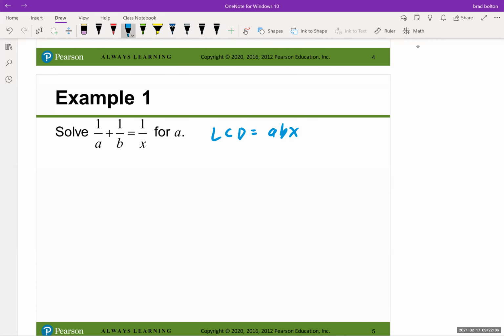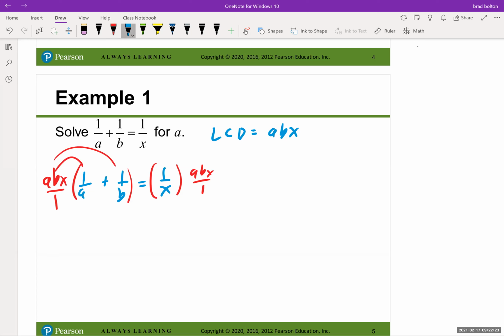So what I'm going to do is write 1 over a plus 1 over b equals 1 over x, and I'm going to multiply both sides by the LCD, abx over 1, abx over 1. And then we're going to distribute that, okay?